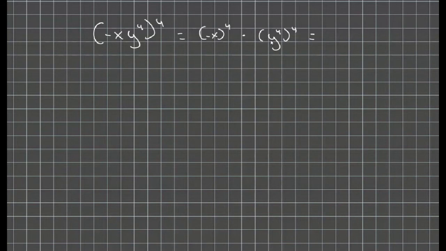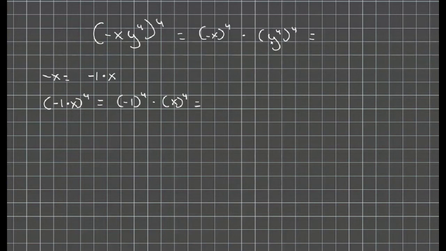So let's see, the minus x actually means minus 1 times x. So if I have minus 1 times x and I raise it to a power 4, I can again write down the factors.